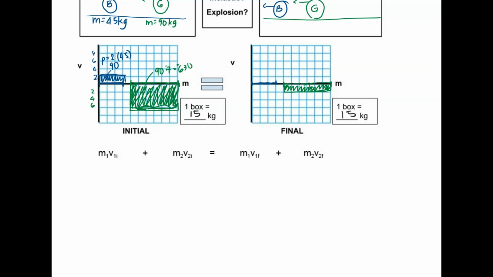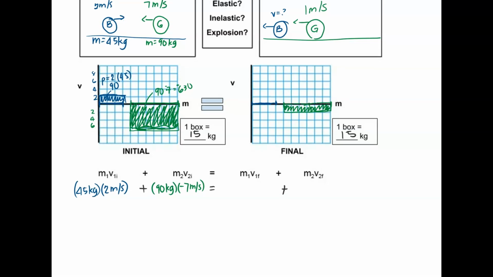So now let's figure it out algebraically. We have 45 kilograms for Bruce times his 2 meters per second in the positive direction. And we have Griff at 90 kilograms times negative 7 meters per second.